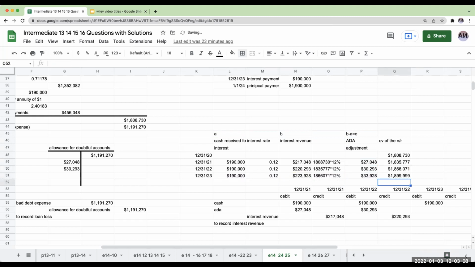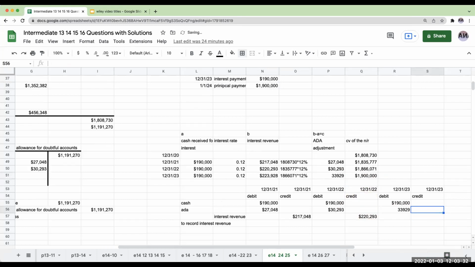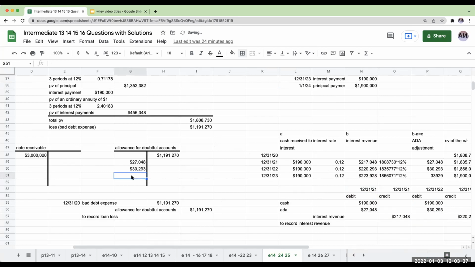So my carrying value is now $1,899,999. This is very important because this final carrying value needs to equal the amount I'm going to be receiving on January 1st, 2024. So my allowance for doubtful accounts made an adjustment of $33,929.